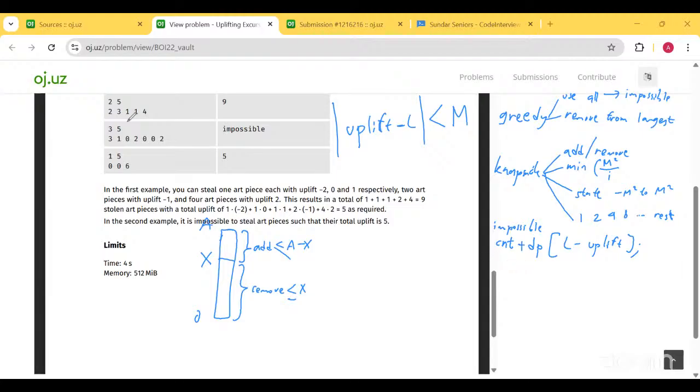For example, like this, we cannot make it exactly 5. Even though 5 is between the largest and the smallest, we cannot make it exactly 5. So we can know it from the knapsack. All right. So this is the solution.